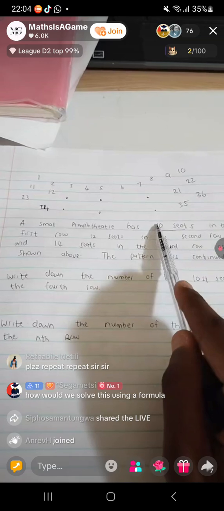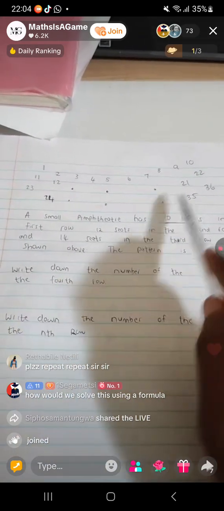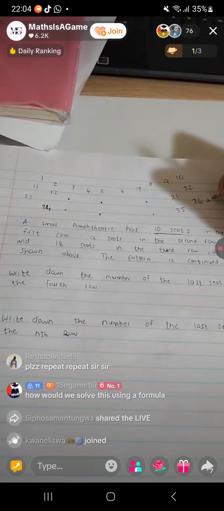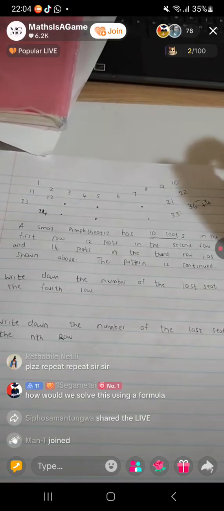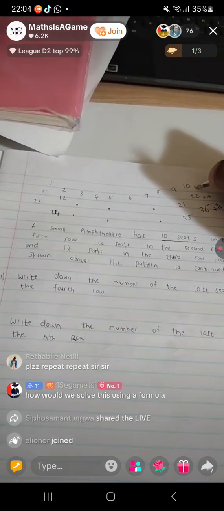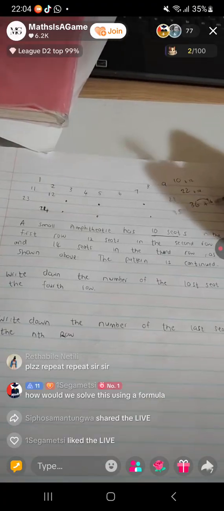Okay, so if you continue with this constant difference pattern here, 10, 12, 14, it means to get the next row, how many seats are we going to be adding? We are going to be adding 16 seats. Here, remember, we added 14. Here we added 12. 12, 14, 16.